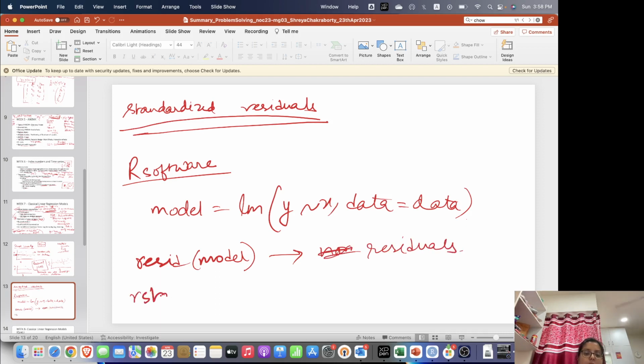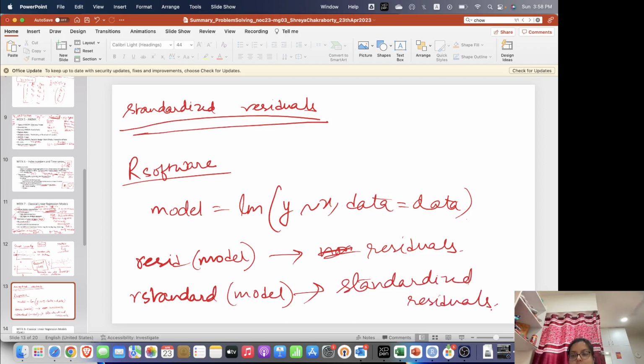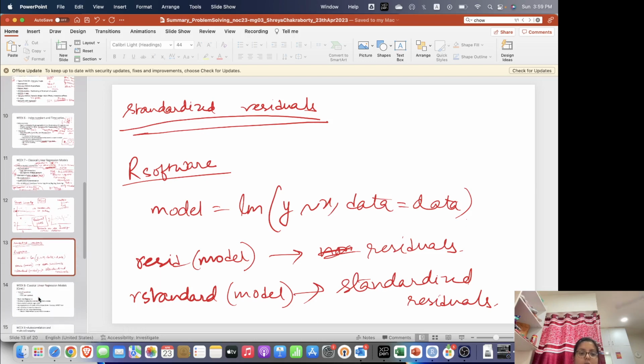But if I write rstandard model, then I'm going to get the standardized residuals. Is it okay? Alright, I'll show you this when I go to the R session.